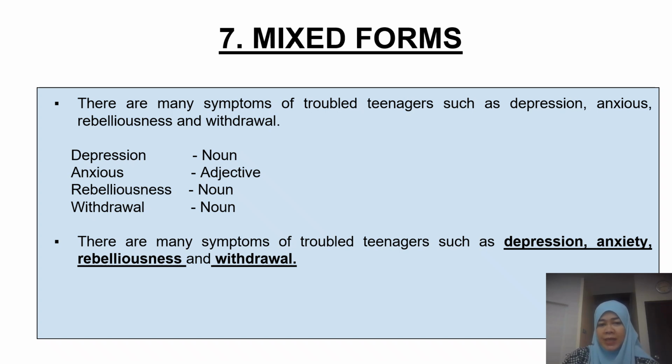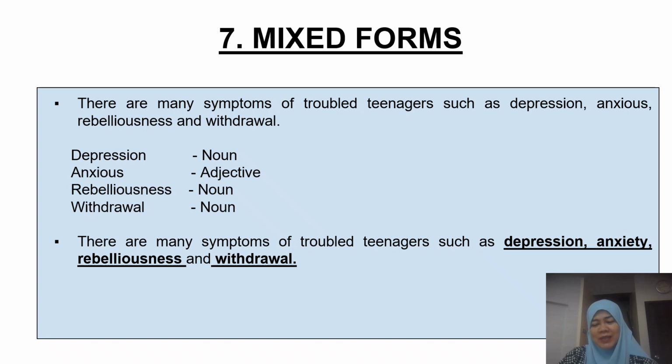But if you can say that depression, you can say that. Okay, it still makes sense. That depression, it's just a noun. Okay, the same thing. The rebelliousness, the withdrawal. Okay, it sounds okay because it's a noun. Okay, but anxious, it needs a noun because it is actually an adjective. Adjective tu apa?